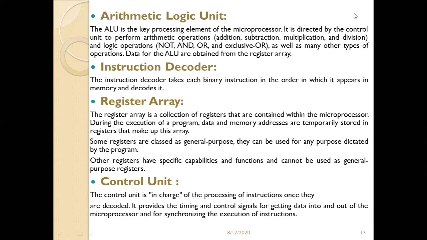So in this example, you see the role of the arithmetic logic unit, which performs this addition operation. You see the role of the instruction decoder, which decodes the instruction, and then that code is sent to the control unit. You see the role of the register array, that those things are stored inside the registers inside the microprocessor. And you see the role of the control unit, which controls different components and gives sequence to the operations.